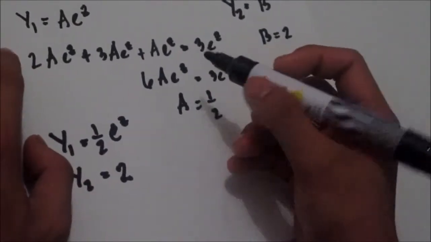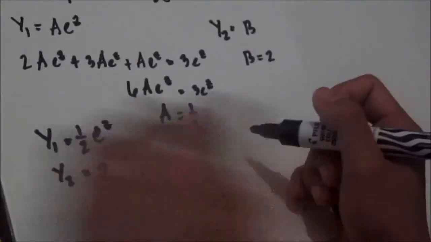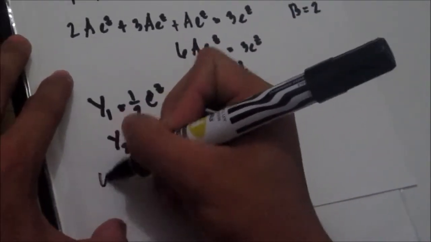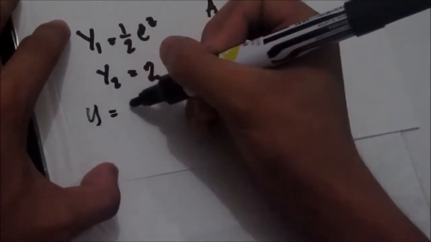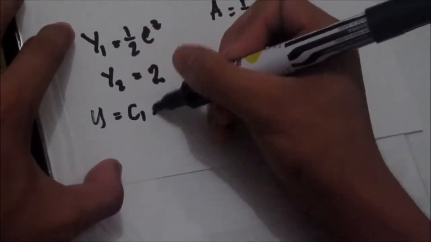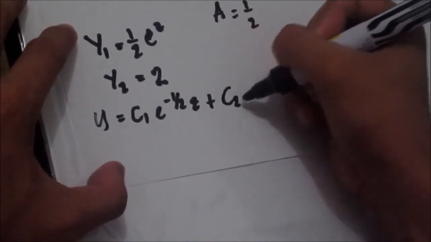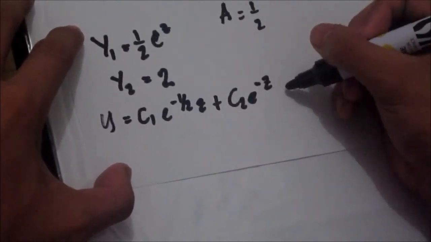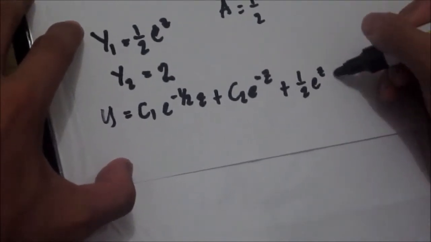Since we already have the complementary function and the particular integral, we will now be able to get our complete solution, which is y is equal to c1 e to the negative 1/2 z plus c2 e to the negative z plus 1/2 e to the z plus 2.